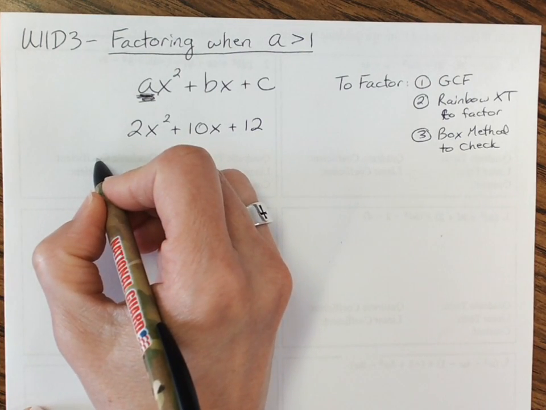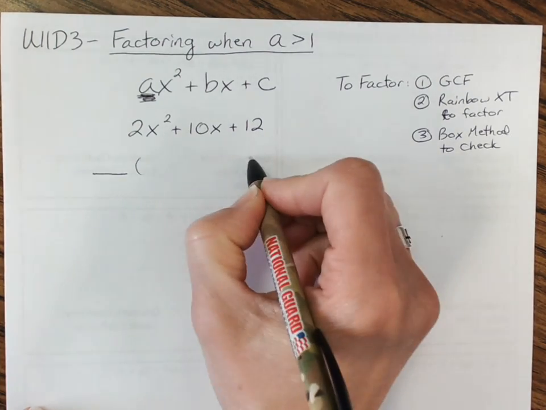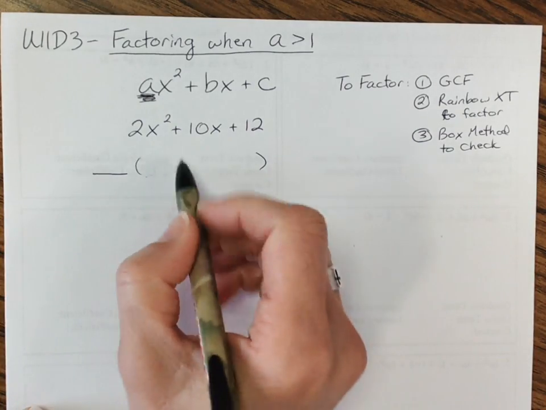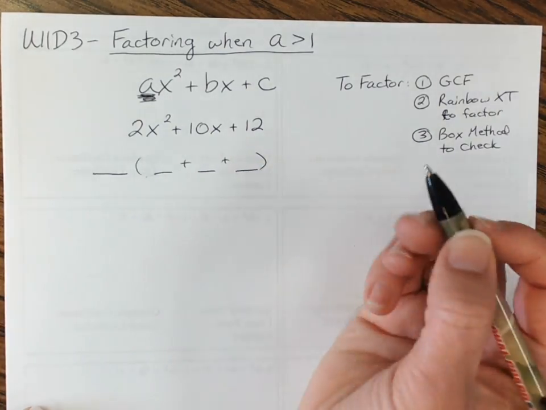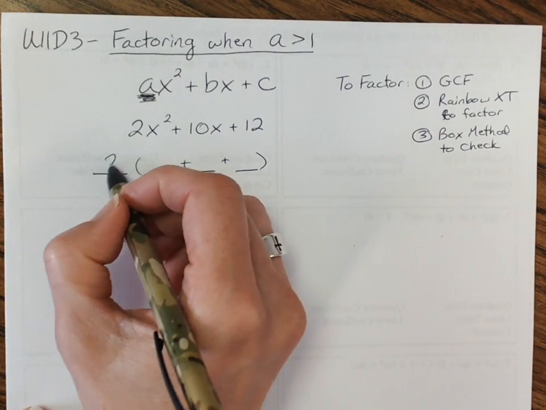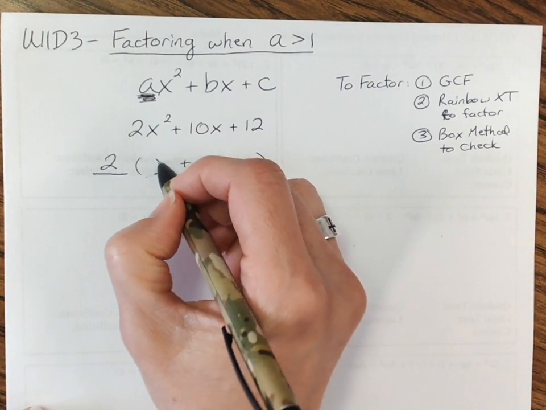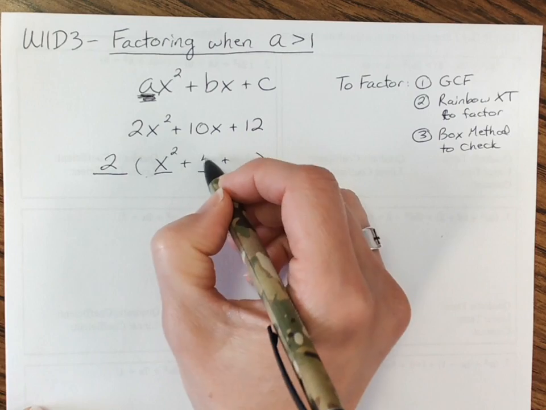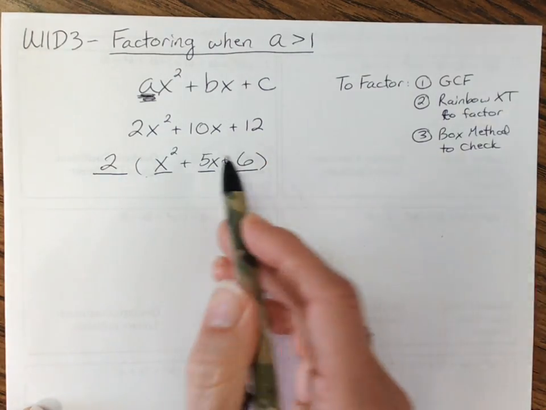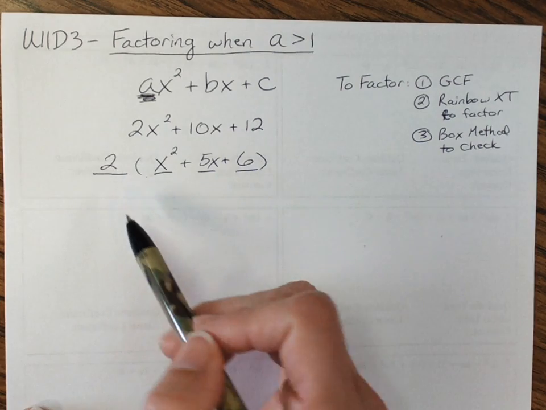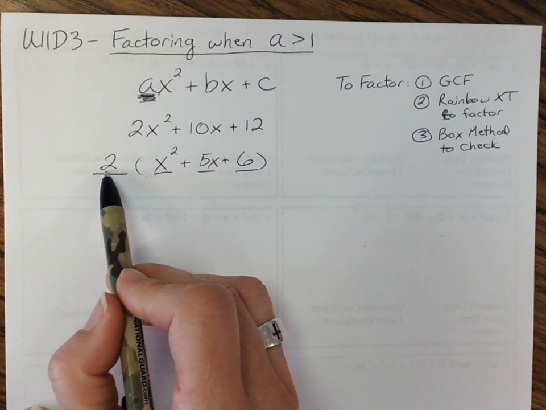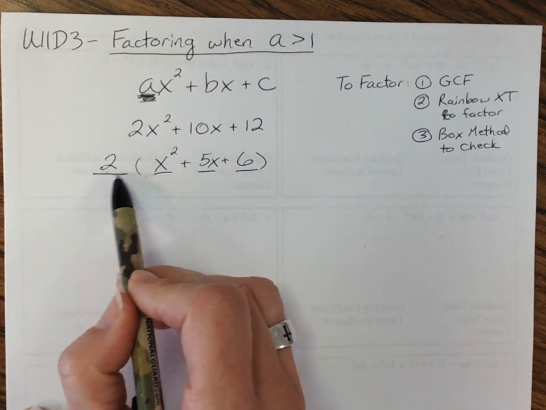So we had an answer that looked like this: a GCF out front, our 3 terms, and our pluses in the middle. The GCF is 2 and our remaining trinomial is x squared plus 5x plus 6. I know you would have had to work that out, but I'm trying to make the video shorter.